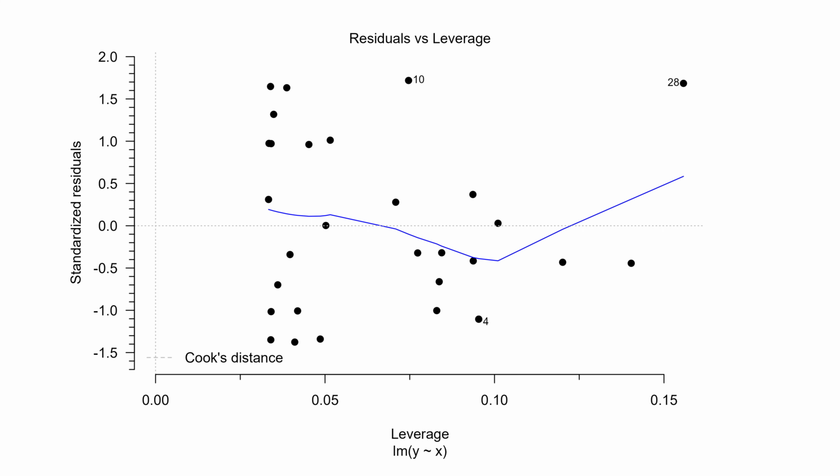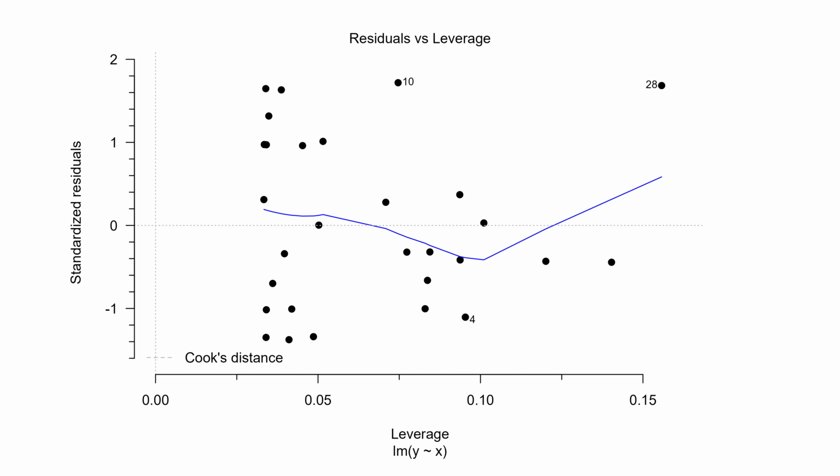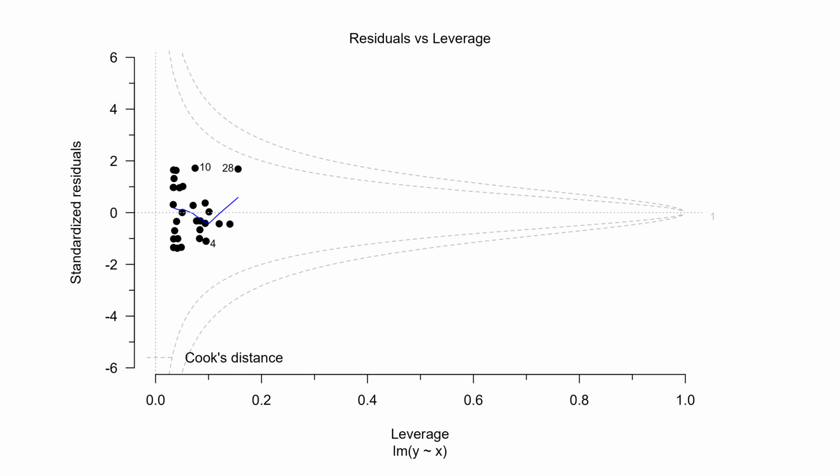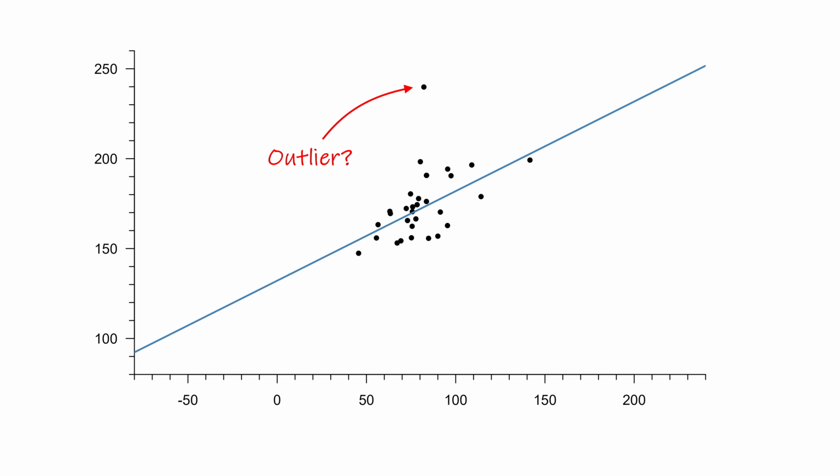If you don't see these boundaries in your plot, that means you don't have outliers, because what you're looking at is the same plot but zoomed in on your observations. If the boundaries of the Cook's distance are even beyond the plotting area, then clearly none of the observations are outlying.